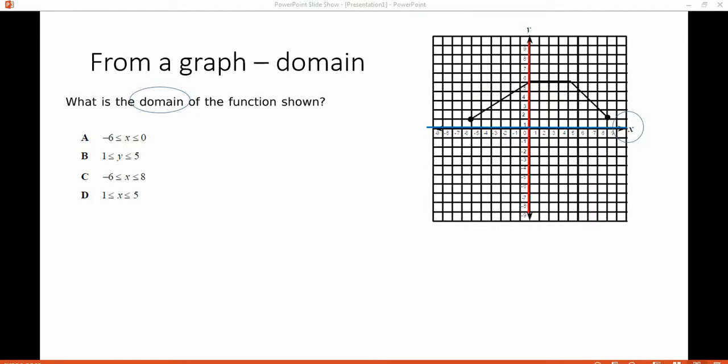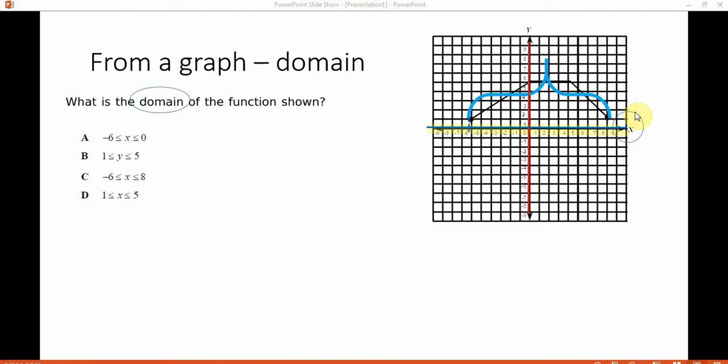Next, after I've highlighted that, I'm going to look at the lowest number on my x-axis that my function reaches and the highest number on my x-axis that my function reaches. So on my x-axis, my function stretches from over here, the lowest point on the x-axis, and over here is where it ends.